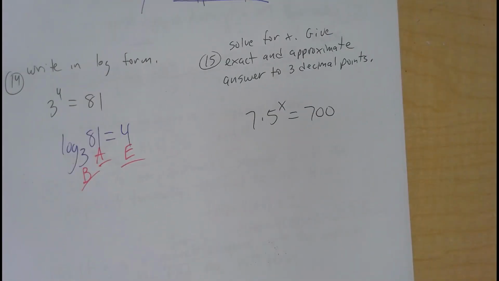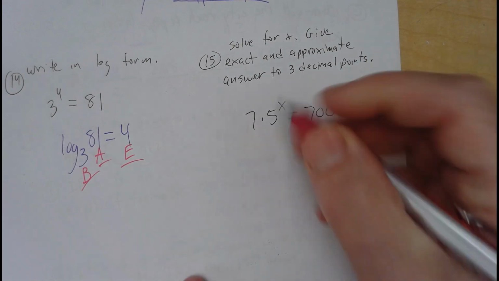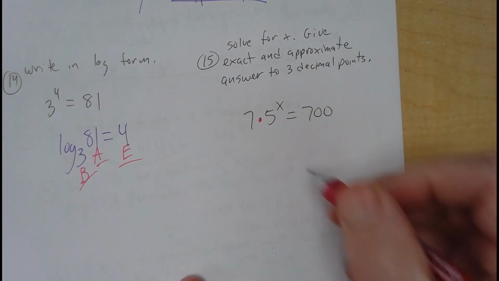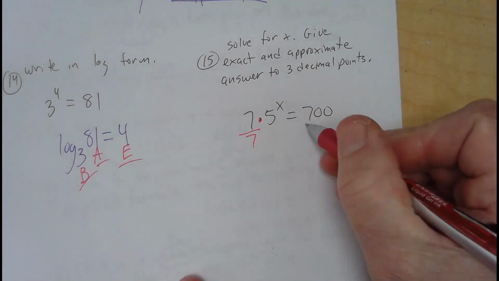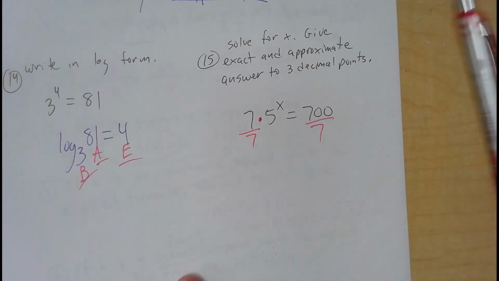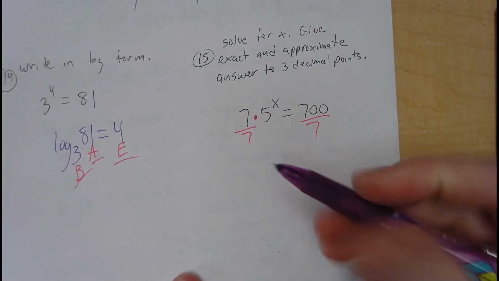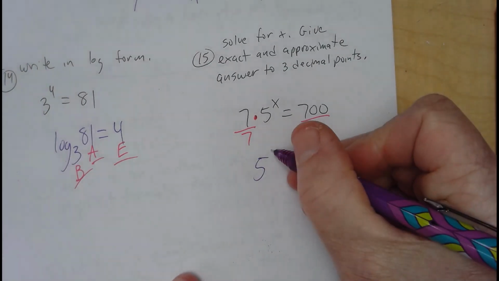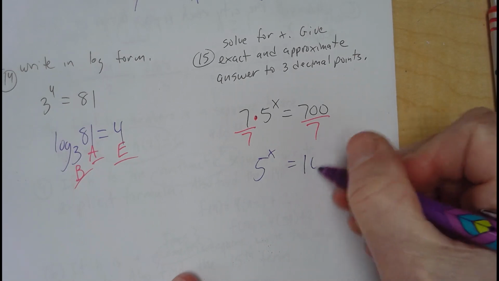Okay, number 15, we have to come up with an exact answer for this and a decimal approximation of 3 decimal points. All right, there's multiplication in them thar hills, so we divide to get rid of the 7. So we have 5 to the x power is equal to 100.